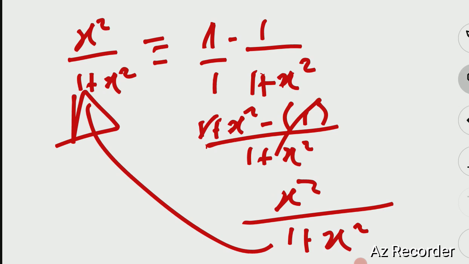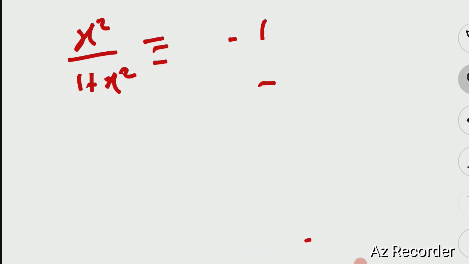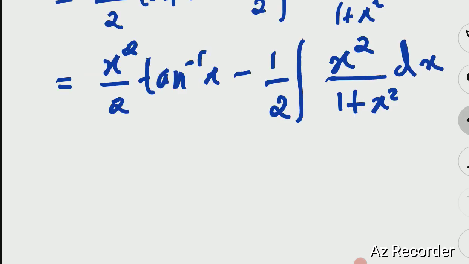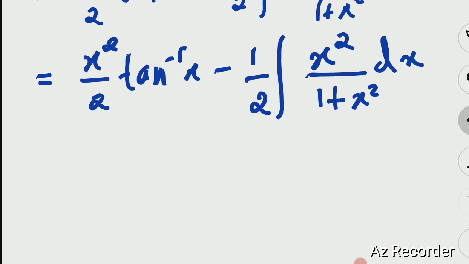So in other words, why am I doing this? To make it easier for me to do the substitution. So instead of integrating it directly, that's what I'm going to do.